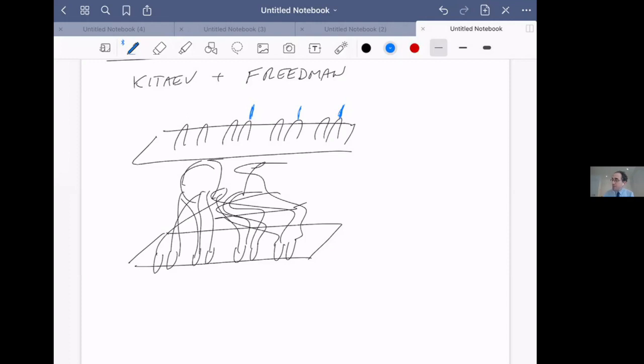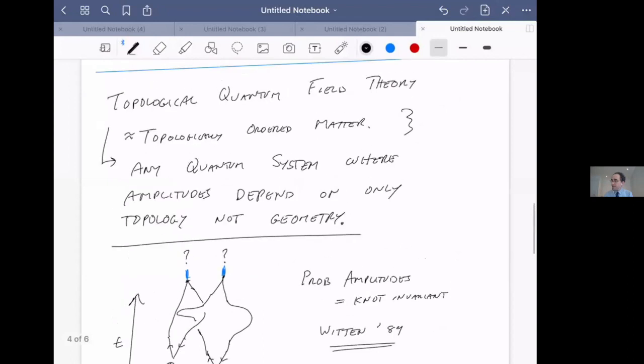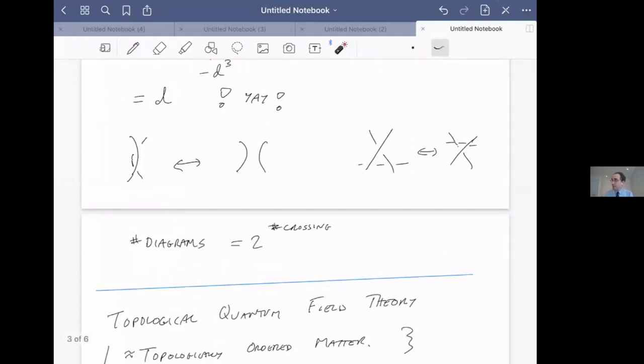Now, a couple of things that I should convince you of before I end in about 3 minutes. The first thing I should convince you of is that you can do quantum computation this way. Let me ask you to think back to the beginning of the talk where I defined the Kauffman invariant, and remind you that the complexity of calculating the Kauffman invariant of a really complicated knot is 2 to the number of crossings.